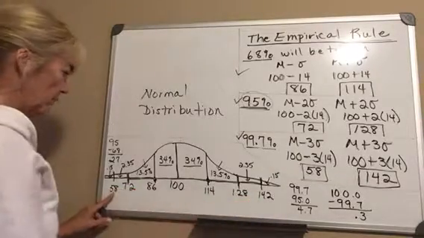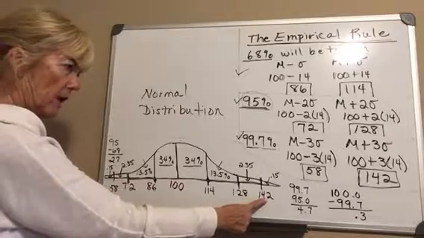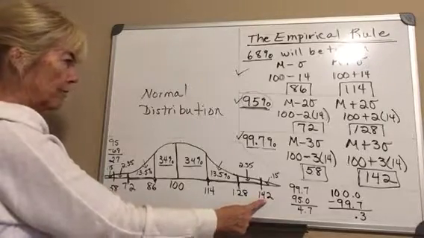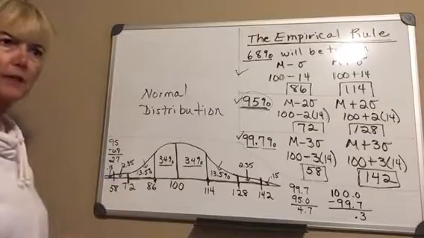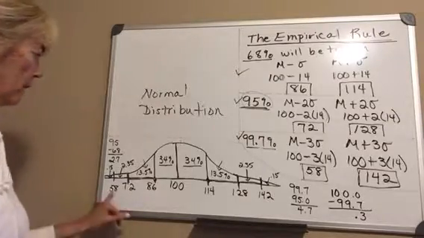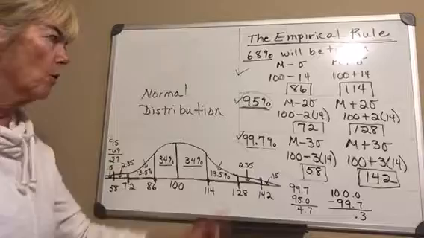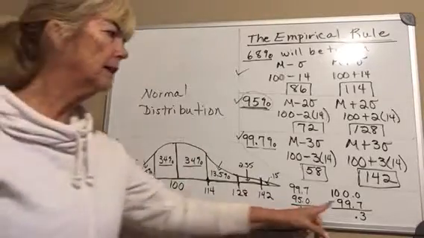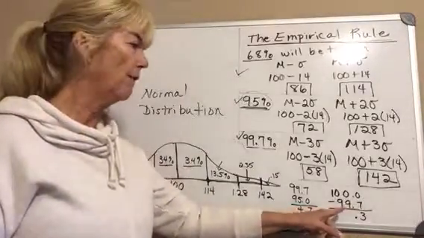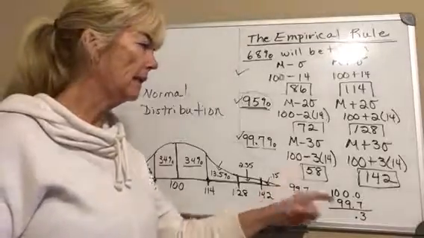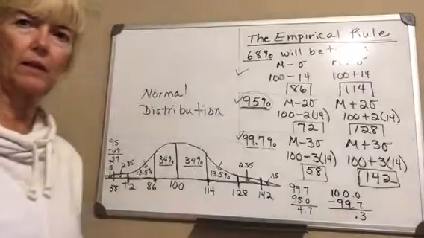Right now we've gone from 58 to 142 down here, so there's not much left. We have represented 99.7% of our distribution. If you take 99.7 away from 100, that leaves 0.3, which is the only thing left.